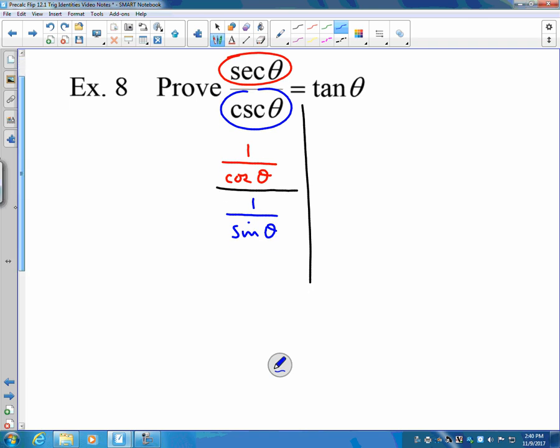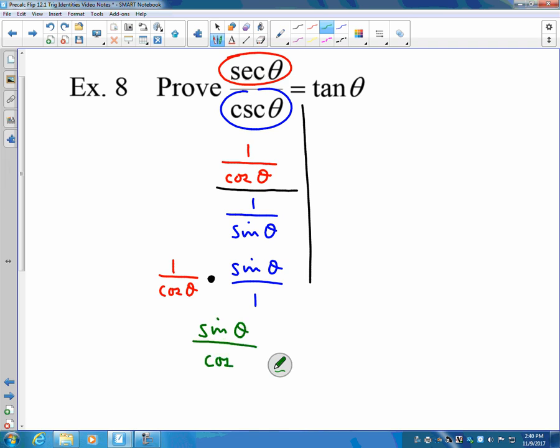Now I've got a fraction divided by a fraction, so guess what I could do? I could keep the first fraction, change from division to multiplication, and I can now flip the second fraction. So now I've got sine over cosine. Yes, 1 times sine is sine.